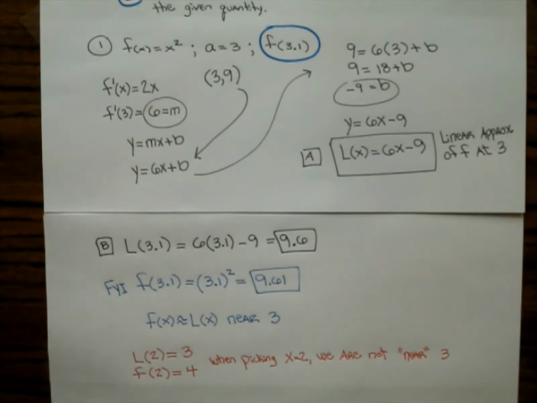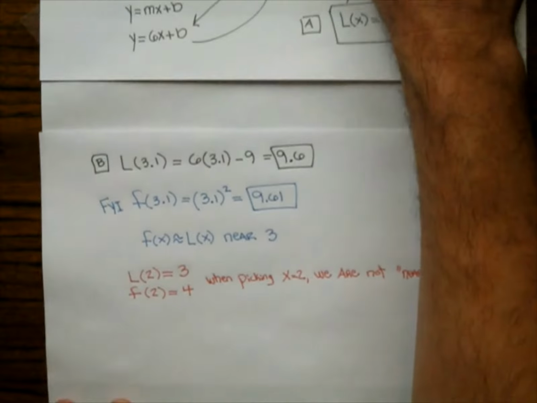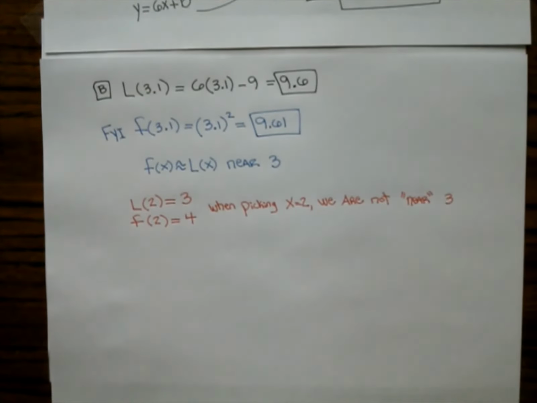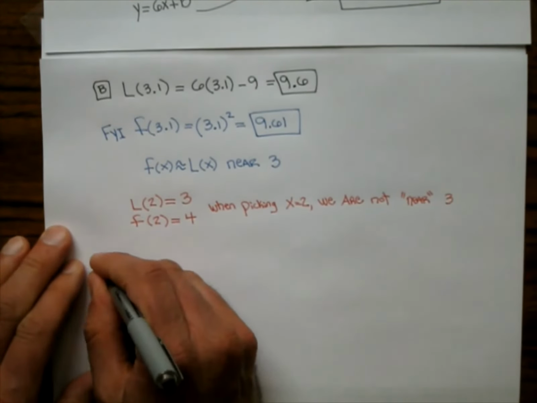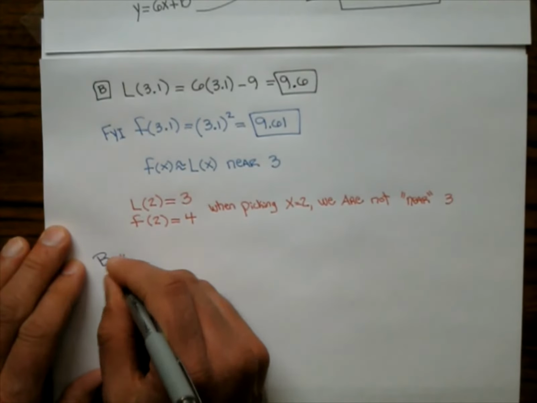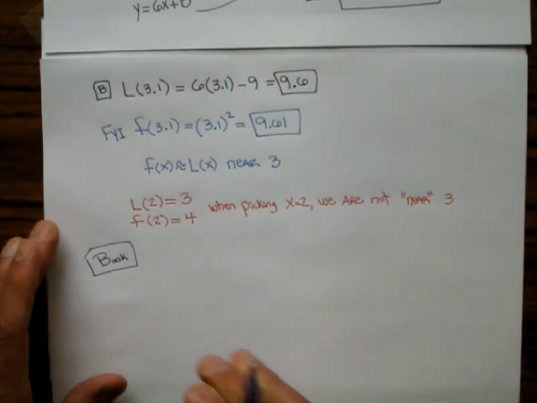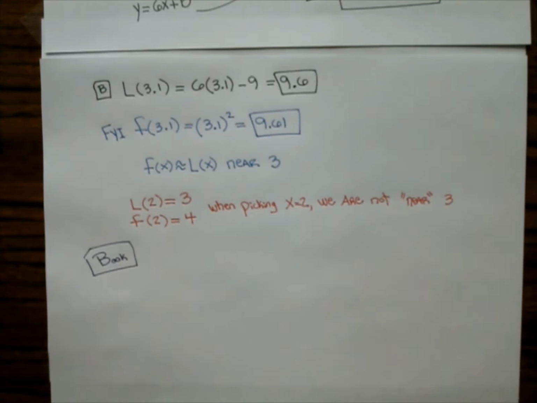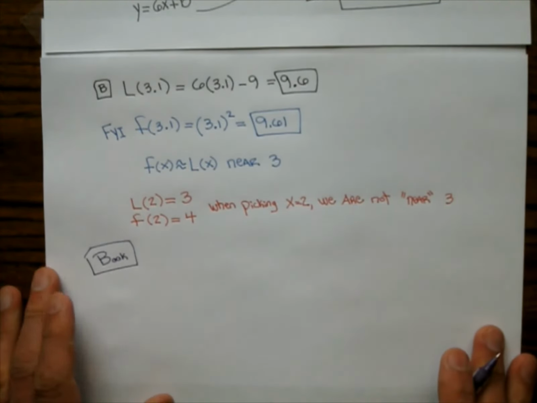Okay, we're still not done with this example because I want to show you what the book does. So let me change over to purple pen. You could actually ignore this, but I'm writing this because some of you might have looked at your book or the solutions manual and said, well, what are they doing? This is looking weird.